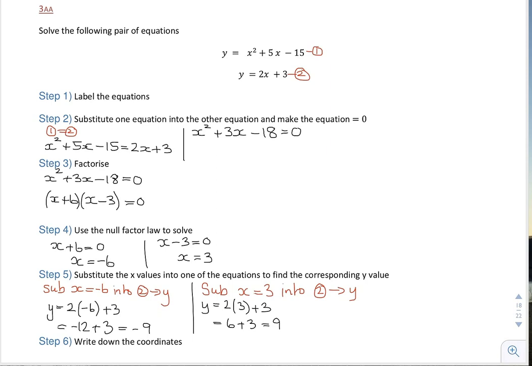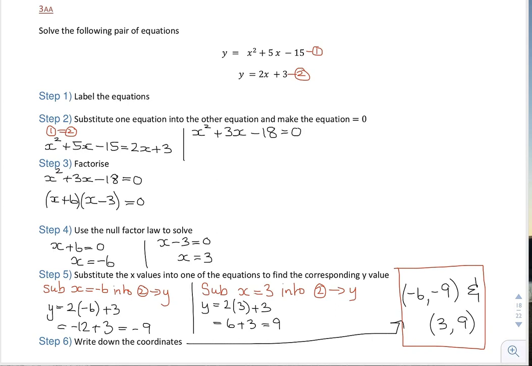The last step is to take our solutions that we've just found and write them as coordinate points. We have a point at the x value of negative 6 and the y value of negative 9, and a point at the x value of 3 and the y value of 9. So we write these as coordinate points negative 6, negative 9, and 3, 9.